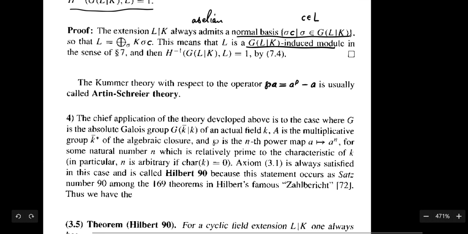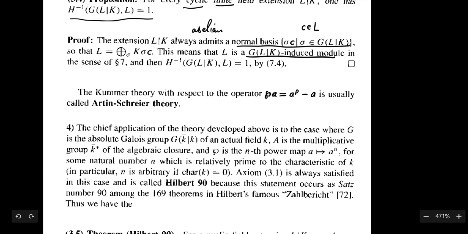The Kummer theory with respect to the operator is usually called Artin-Schreier theory.